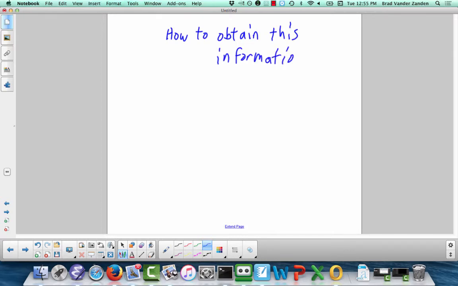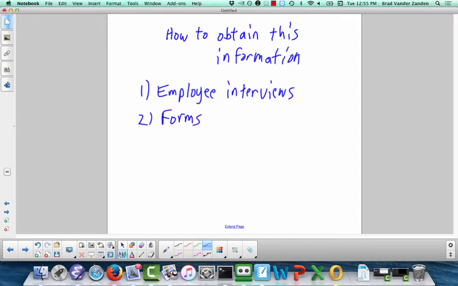And the two biggest ways are going to be employee interviews, and the second big way is going to be forms. So the various forms that are used in the organization typically are going to give you a lot of information about different entities.